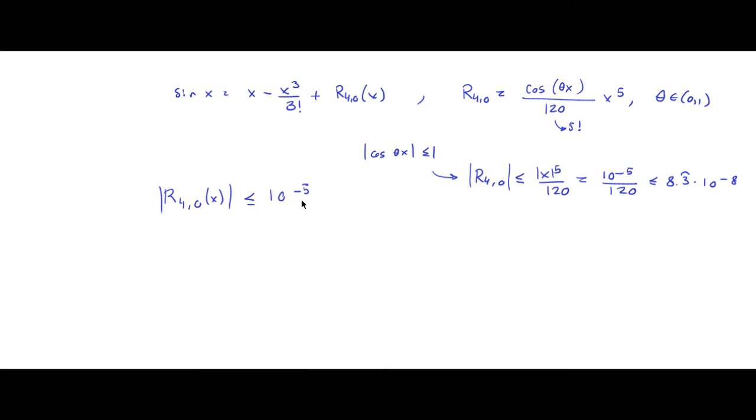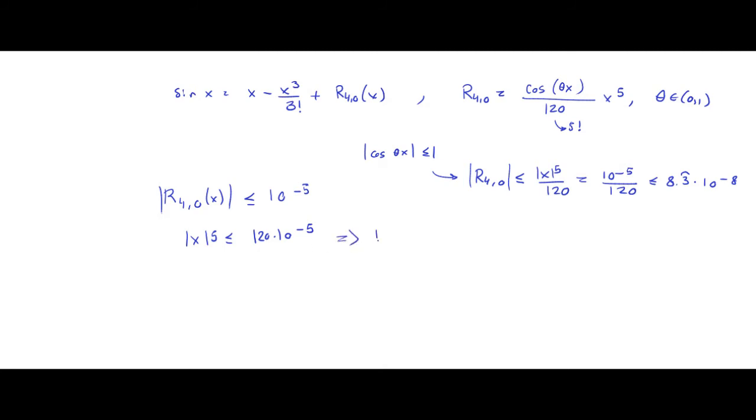Okay, that's the maximum value of the error that I will accept. So what's the maximum value of x that I can approximate with that error? So if we substitute here, x to the 5 has to be smaller than 120 times 10 to the minus 5. Okay, you can compute this.